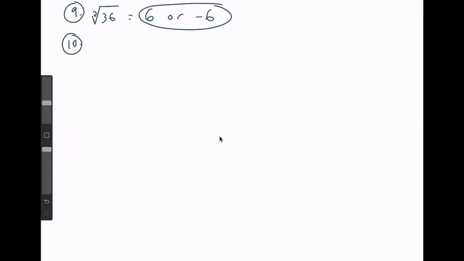Okay, number 10, the square root of 0.25. This is a bit of a continuation from the last few problems, but now I've mixed them all up where I have some square roots, I have some third roots or cube roots, I have some fourth roots as well. Okay, the square root of 0.25 is 0.5 or -0.5.